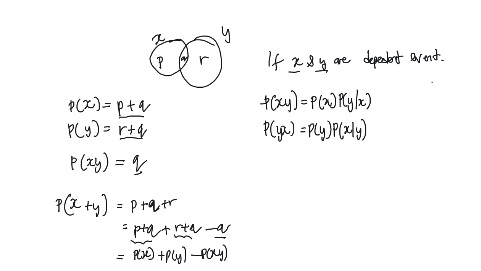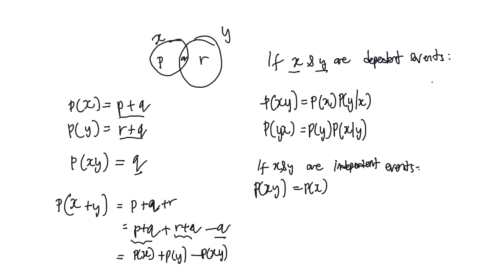So this is if x and y are dependent events, but if x and y have nothing to do with each other, so if x and y are independent events, the probability of x and y is the probability of x times the probability of y given x.